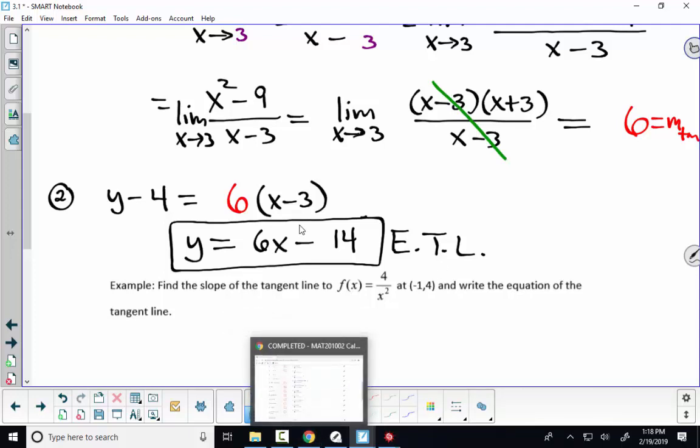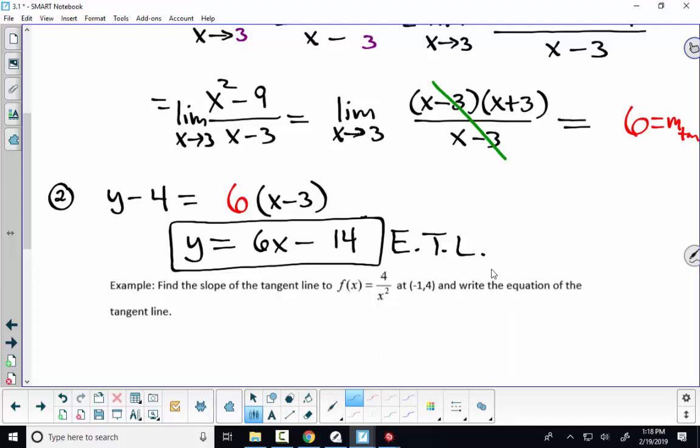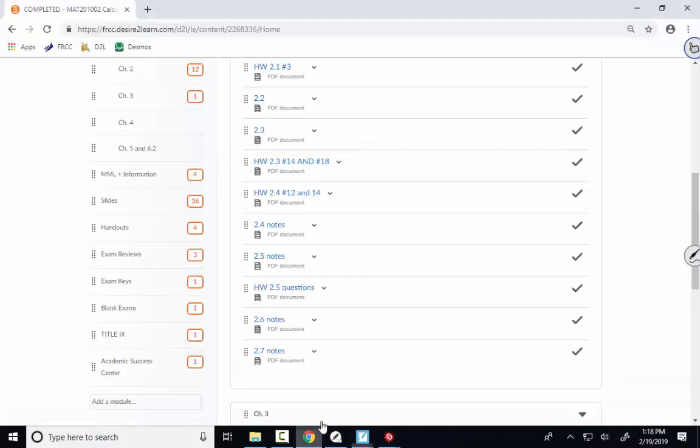Does anyone have any questions on that example? Okay, let's look at what we actually computed there.